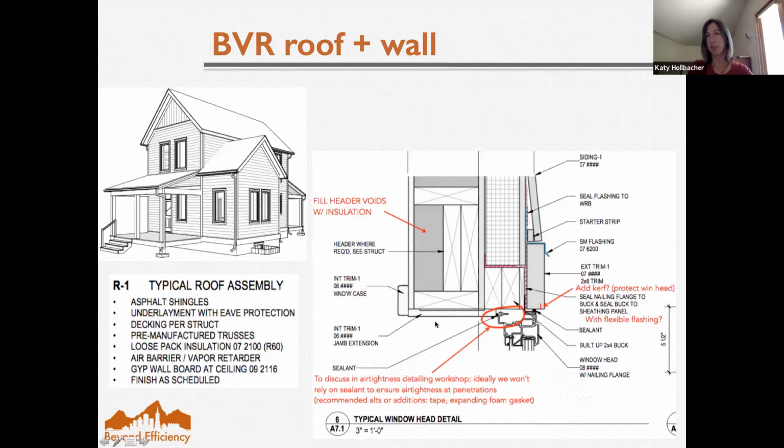This project is just now starting CDs, and this was just a markup we had done on a DD detail. But this will be, again, similar to that Telluride project I shared, 2x6 framing with dense packed cellulose. In this case, there was a lot of back and forth about different materials to use outboard, 4 inches of cork, mineral wool.